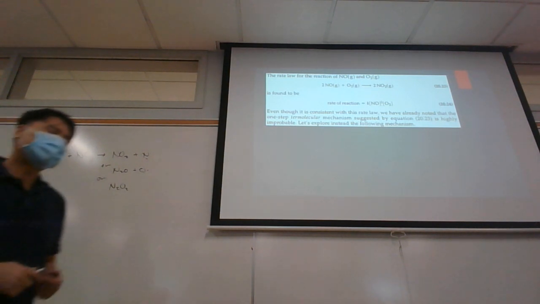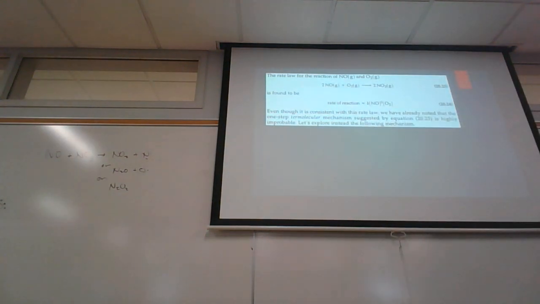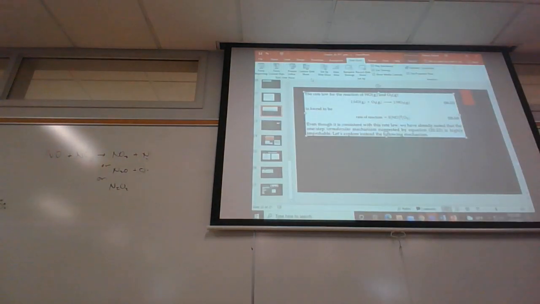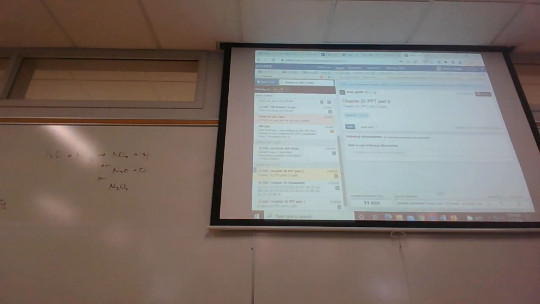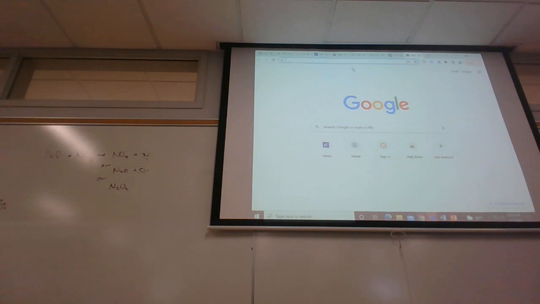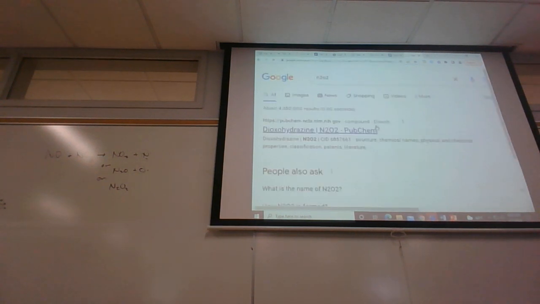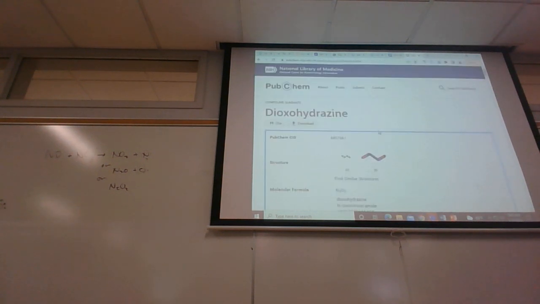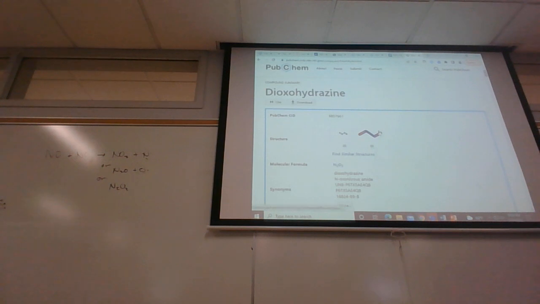Yeah, so also we could look and see, does dinitrogen dioxide exist? We kind of expect it to exist. Based on the Lewis structure there, it should exist. It has a common name.